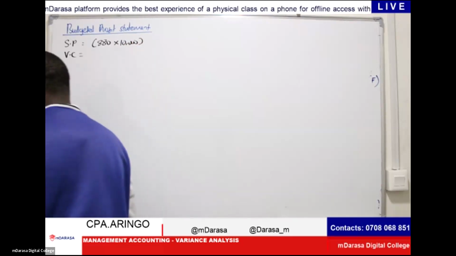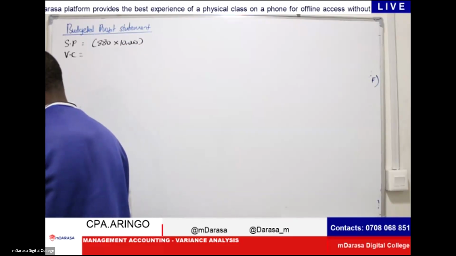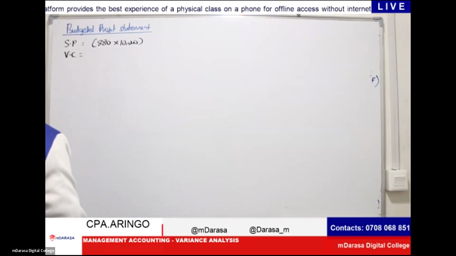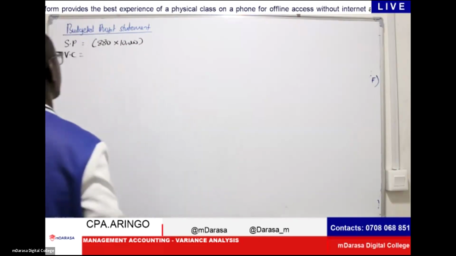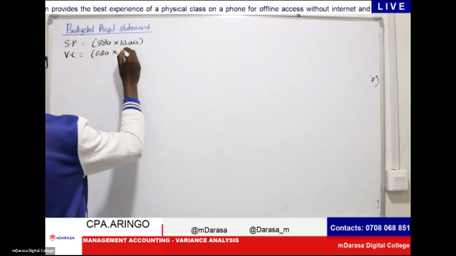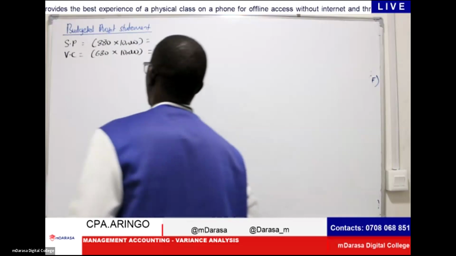Our variable cost total is 200 plus 150 plus 270 plus 60, the cost per unit, to give us 680, times the number of units that we produce and sell.